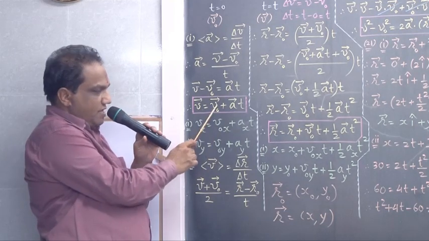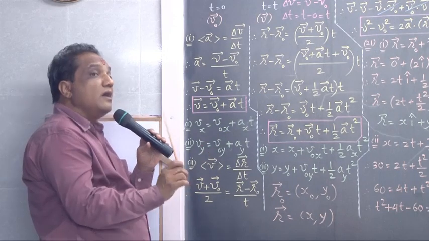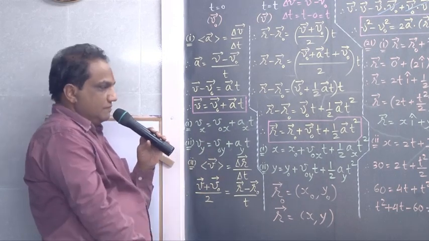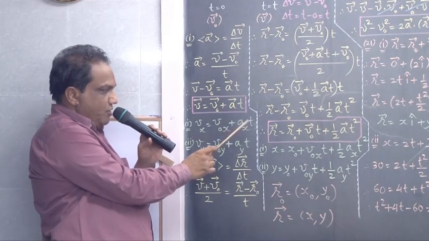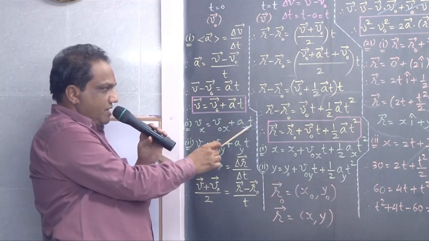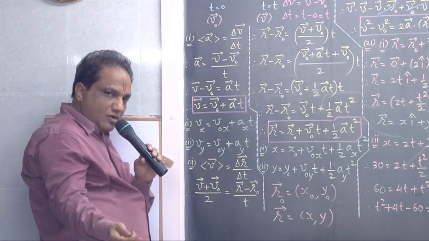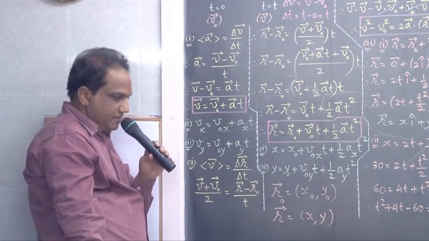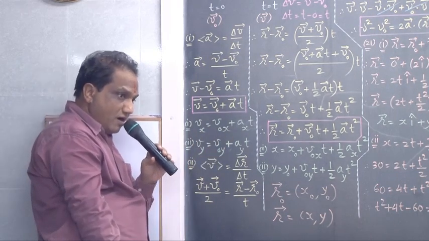Instead of v0, v0x, the x component of initial velocity. Instead of a, the x component of constant acceleration. Time is a scalar; there are no components of time. Then wherever it is x, now you can write y.